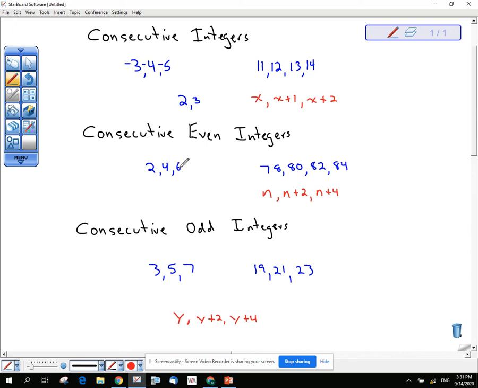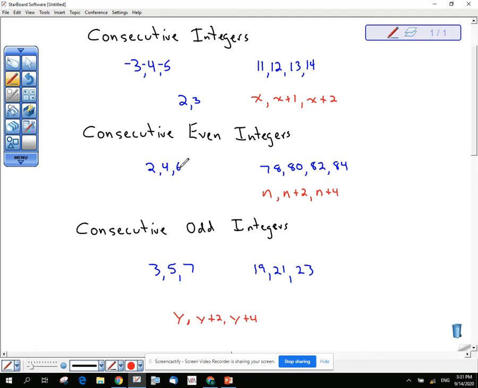Now, one more thing before we do the final example, and that is you really need to understand what an integer is, what consecutive integers are, what consecutive even and consecutive odd integers are when you get the answer. When you get the answer and it's looking for consecutive even integers, and you have odd integers, a set of numbers that aren't even integers, you've obviously done something wrong.